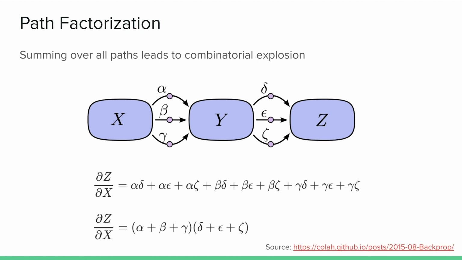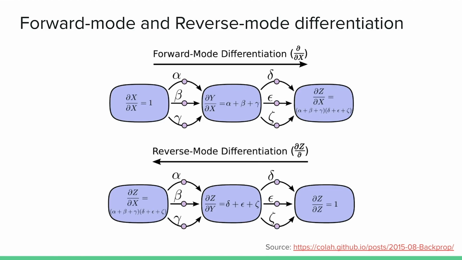So what we can do is we factorize this and compute the partial derivatives for all paths, which gives us one really nice benefit, that we only have to traverse through our graph once. And this is then called forward mode or reverse mode differentiation. So we compute this for the entire path for all different things, and it's an effective way how we can do this.